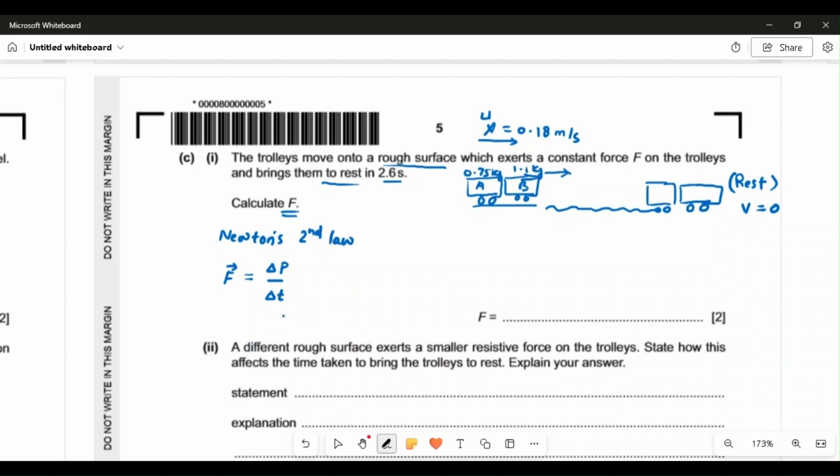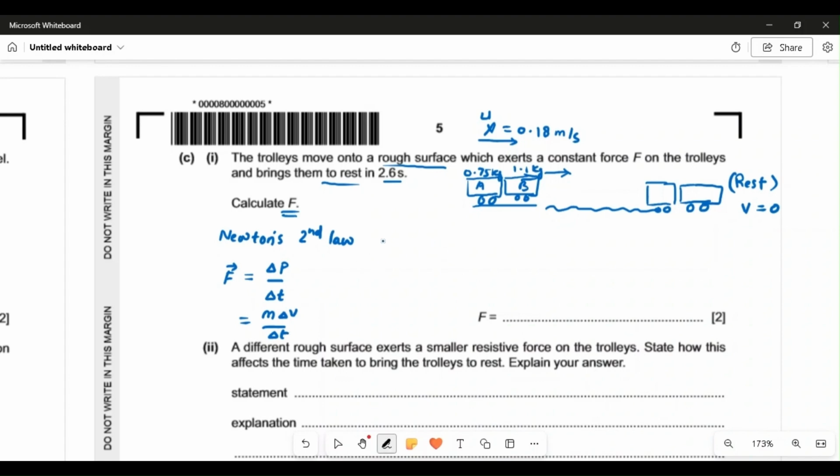We can simply say that it could be m delta V over delta T. By the way, that is also the same Newton's second law, ma, with delta V over delta T the change in momentum.